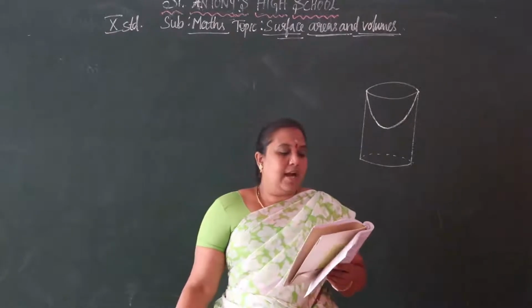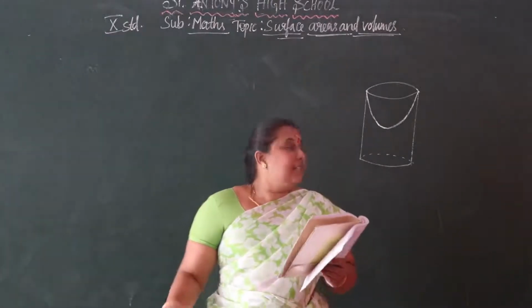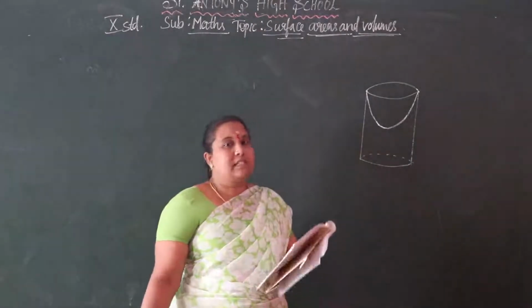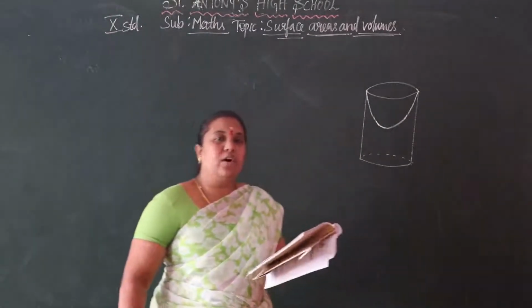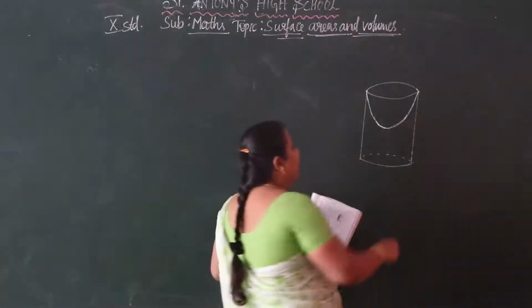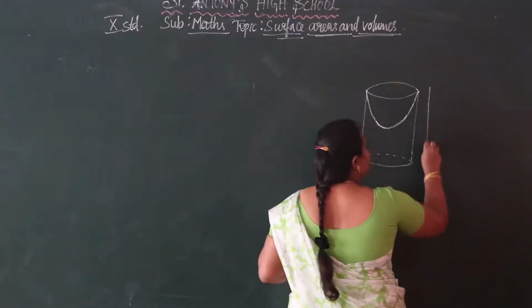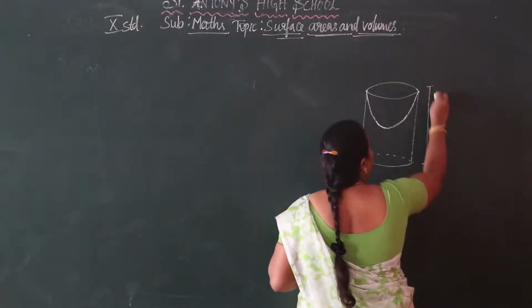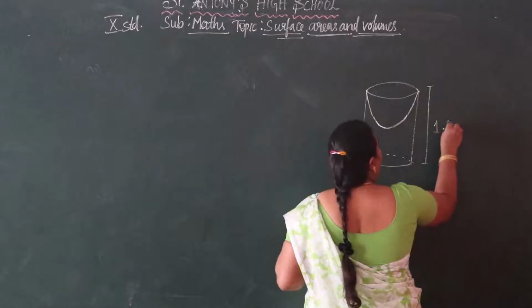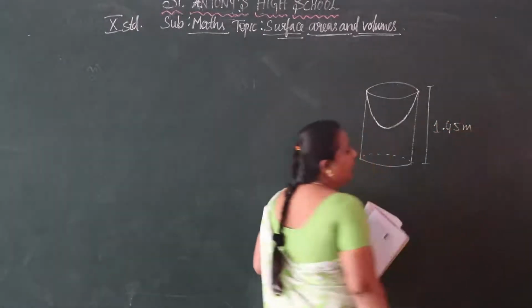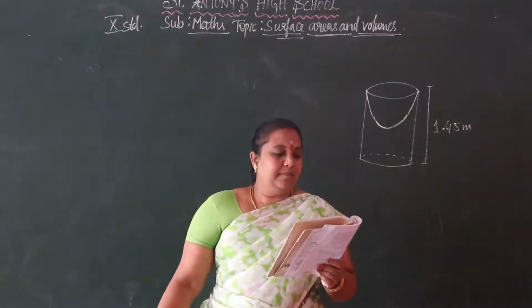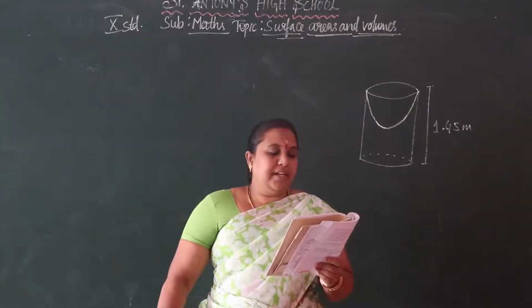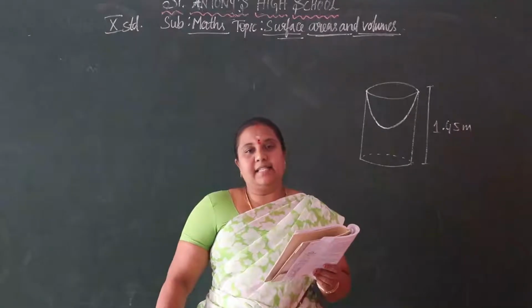At the upper end of this cylindrical shape, the height of the cylinder is 1.45 meter, and its radius is 30 centimeter.